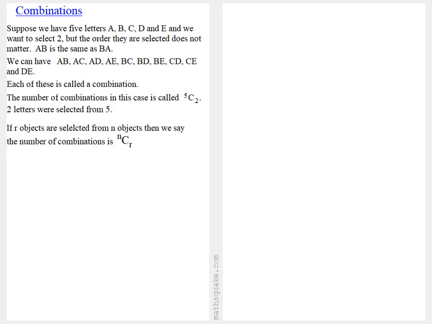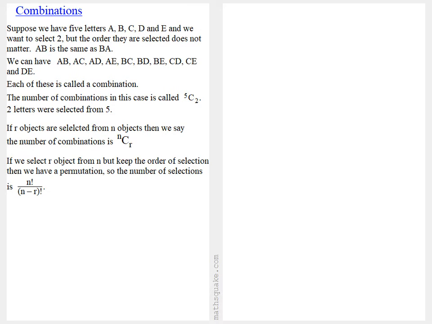Now if our objects are selected from n objects and the order doesn't matter, then we say the number of combinations is nCr. If we select r objects from n but keep the order of selection, then we have a permutation. So the number of selections is n factorial over n minus r factorial.